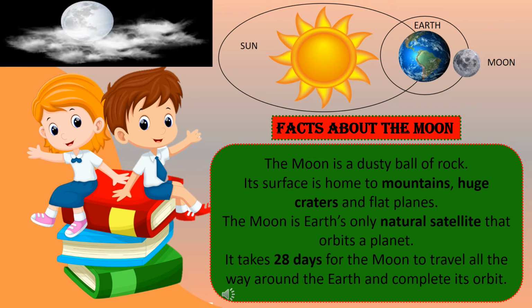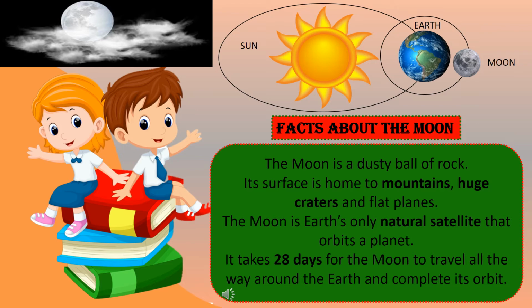Okay, so another thing is that the moon is the only natural satellite that orbits our planet, and you can say that anything that orbits a planet is called a satellite, and so is the moon, because, I told you, it is the only natural satellite that orbits our planet Earth.